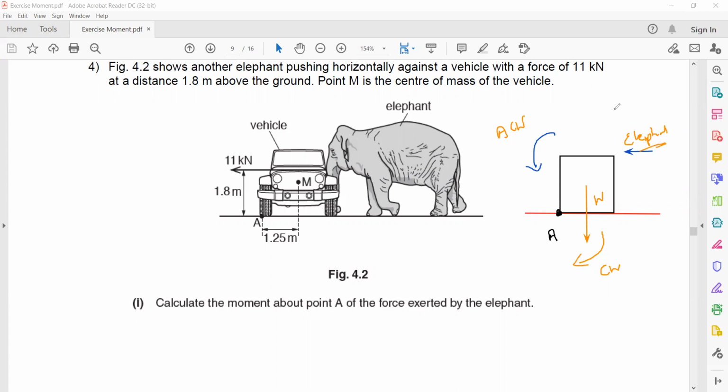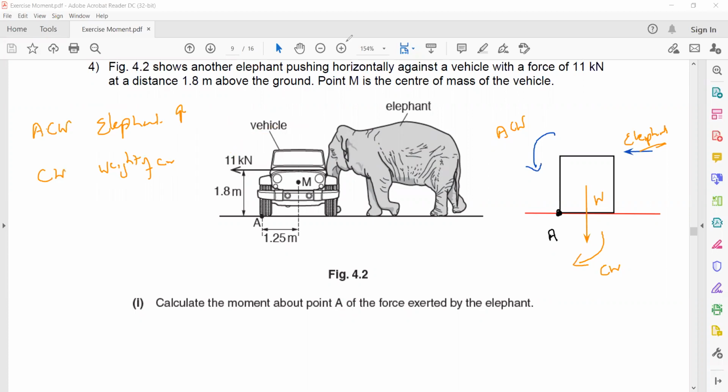So how can we identify whether the elephant can flip this car? For that purpose, we have to calculate both moments. We have to calculate the anti-clockwise moment due to the elephant, and we have to calculate the clockwise moment due to the weight of the car. If the elephant's moment is higher, then the elephant can topple the car.